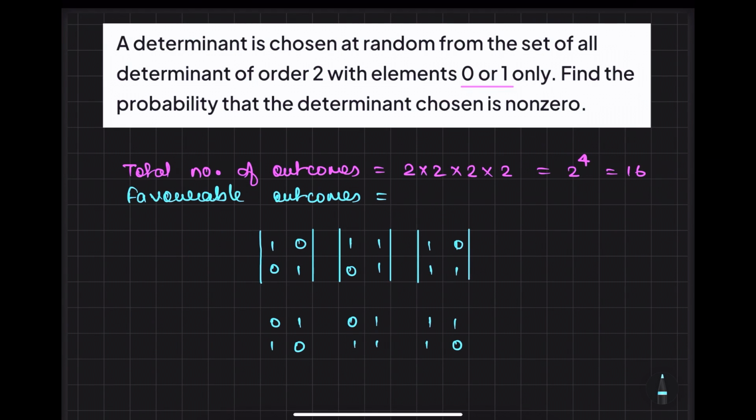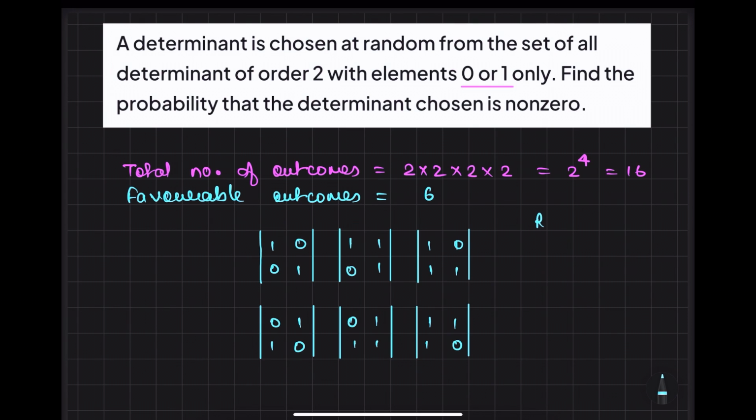Again we have minus 1. So the determinant can be 1, minus 1, or 0. These are the 6 cases which are favorable.